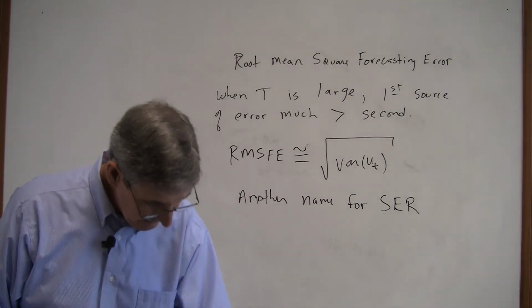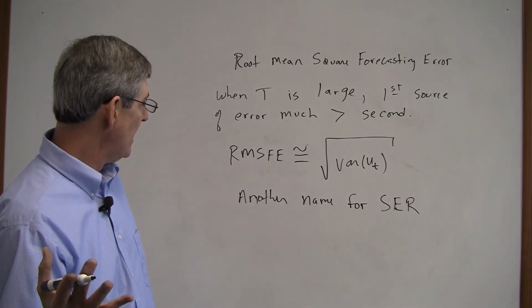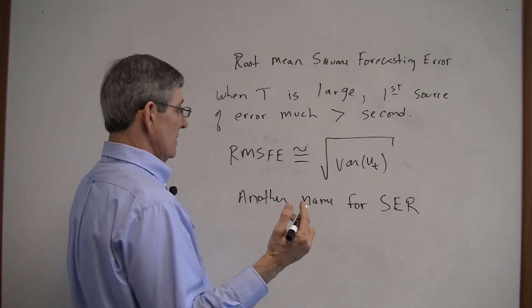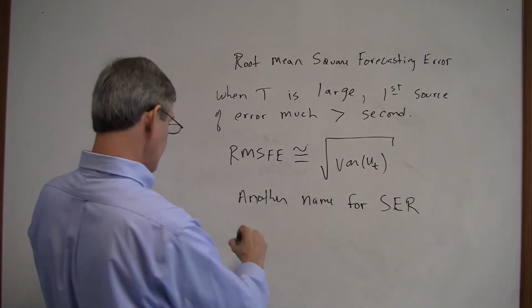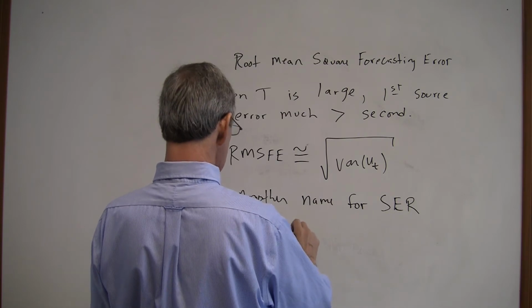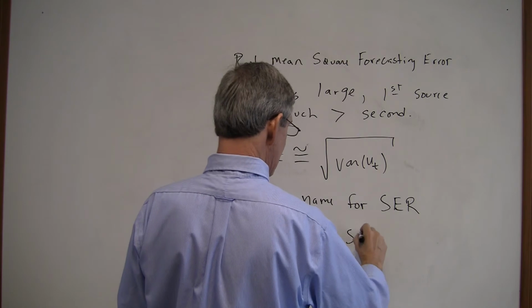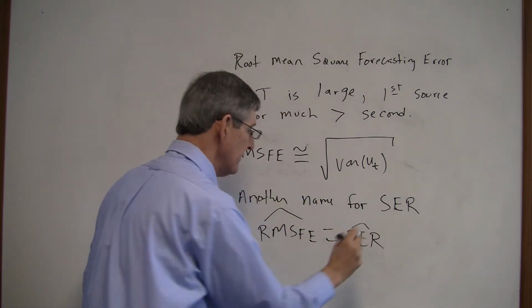It's just the standard deviation of u_t. Okay, to forecast it, the estimate of this would just be the standard error from the regression from your printout.